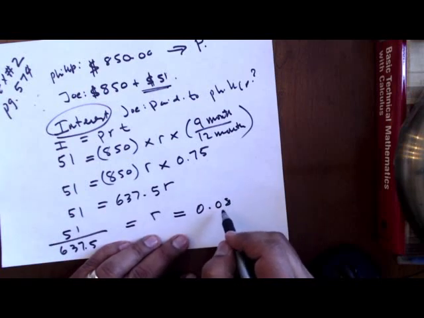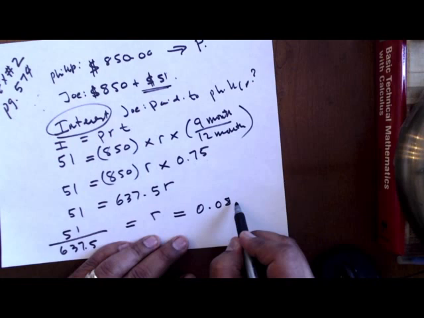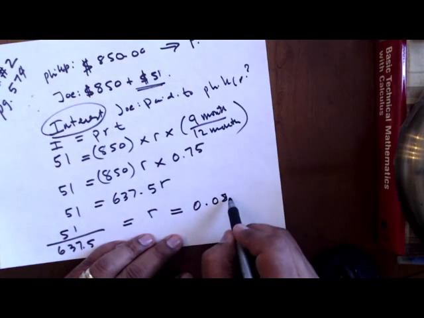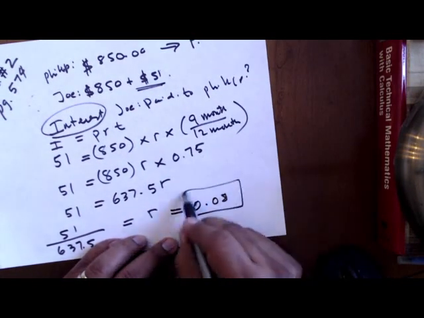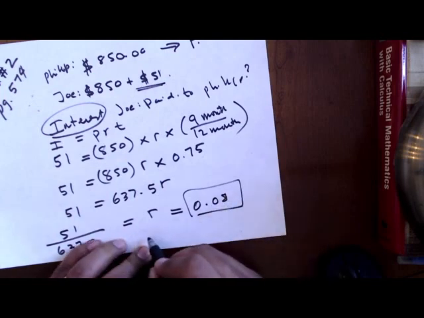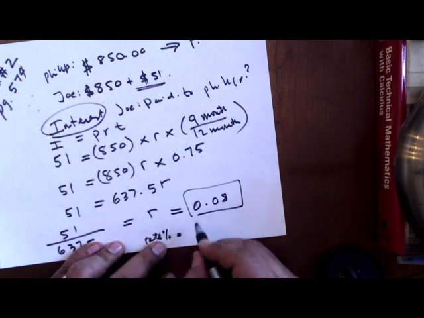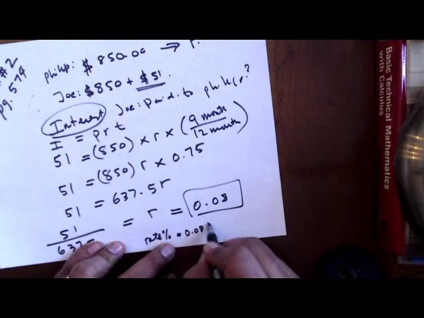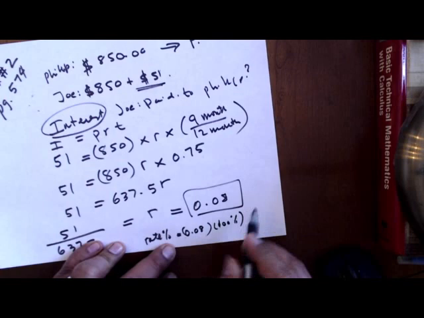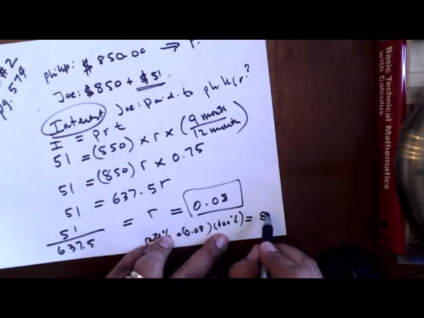And this is the decimal, so we need to convert it into a percentage. To convert this number into percentage, we multiply it times 100, and so the rate in percentage is equal to 0.08 times 100%, and so that's equal to 8%.